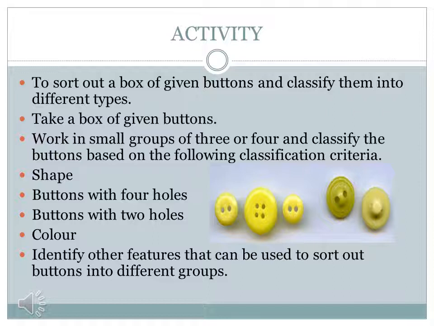This is known as assortment. After assorting the buttons according to their size, hole, and colors, this is termed as grouping. So, identification, assortment, and grouping result in classification. So, the method of arranging the organisms into groups is called classification.